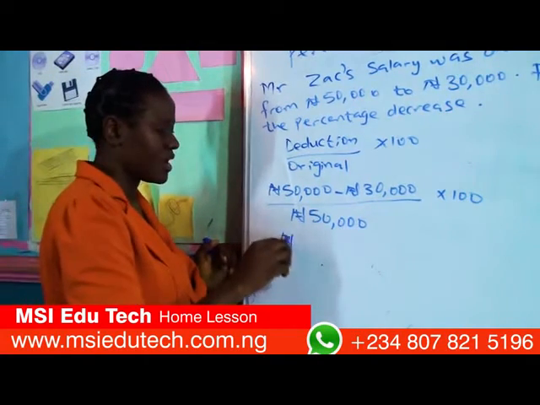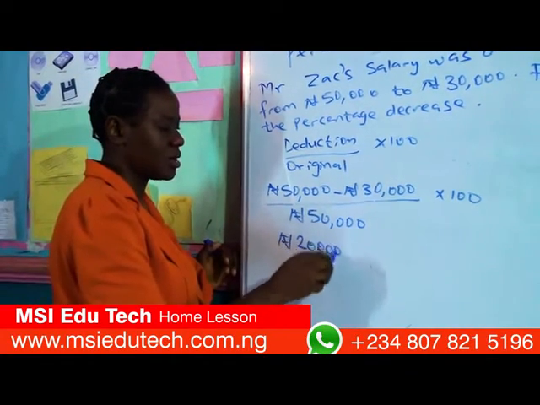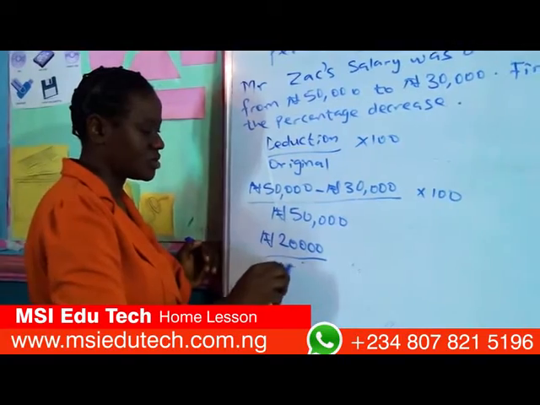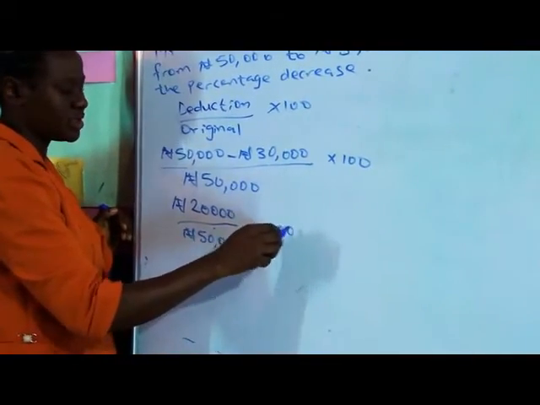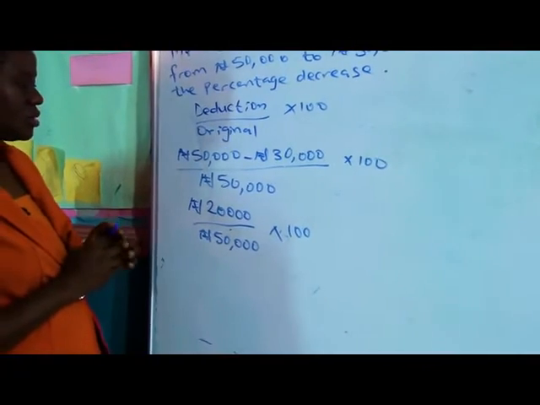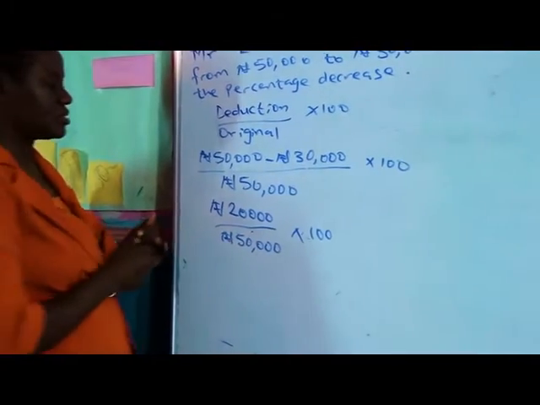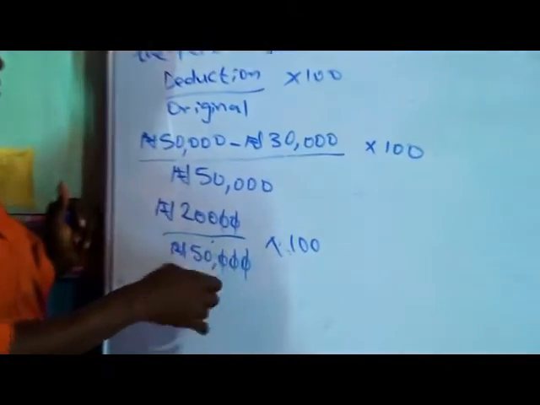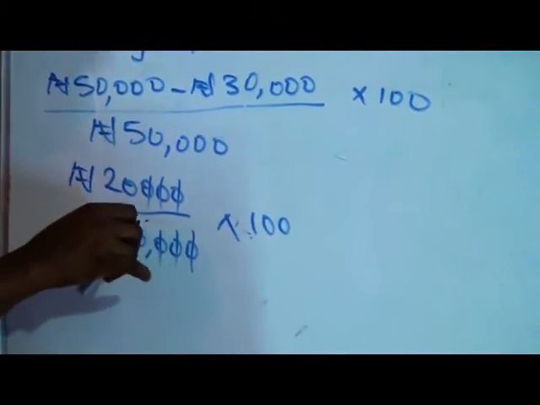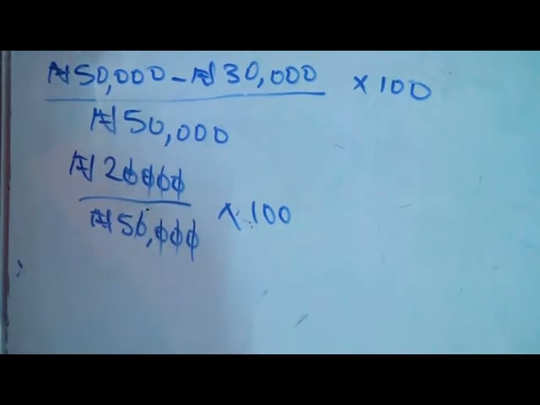So we have 20,000 naira divided by 50,000 naira times 100. The 0s cross out.